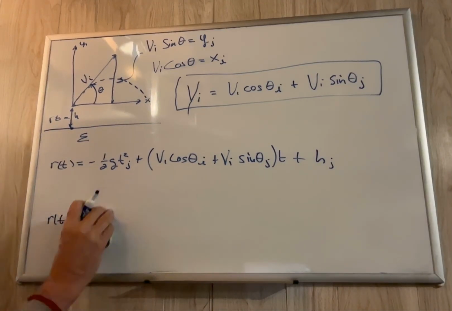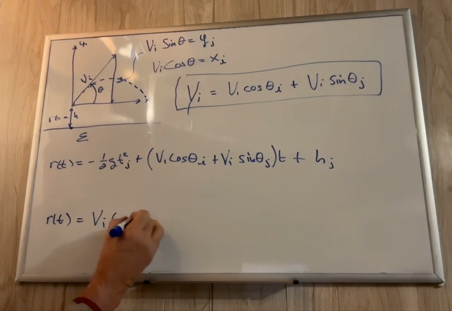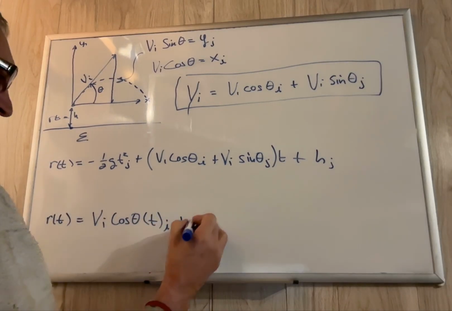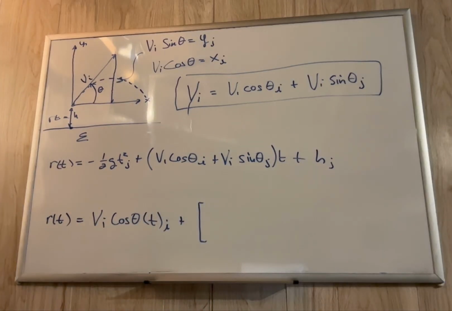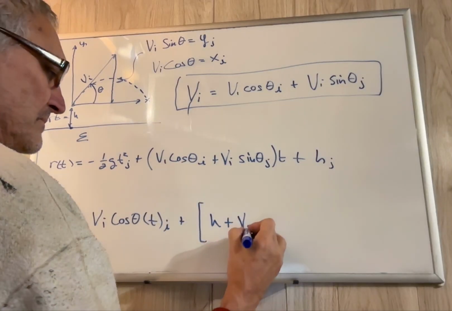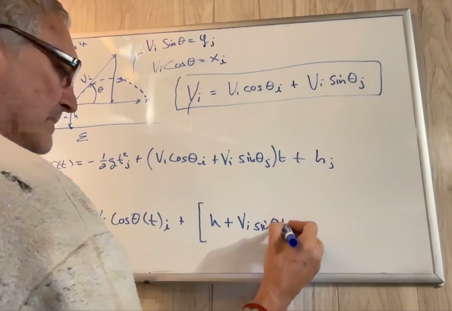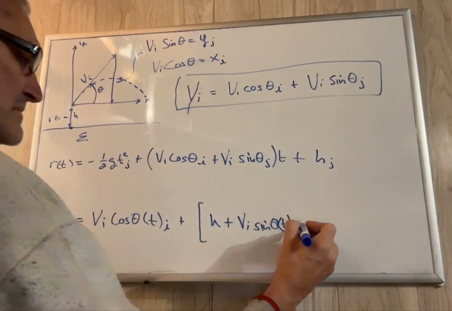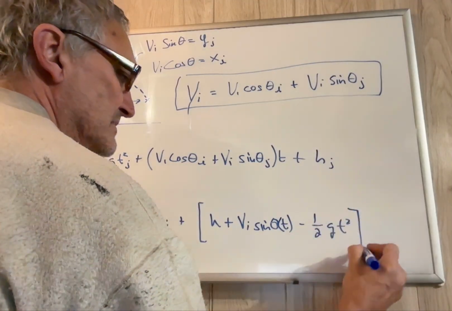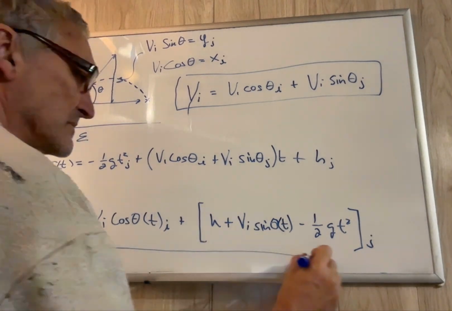Let's go with the i direction first: velocity initial cosine theta times t in the i direction, plus, let's put this in brackets, h plus velocity initial sine theta times t, and then minus 1/2 g t squared, and all of this is in the j direction. There you go.